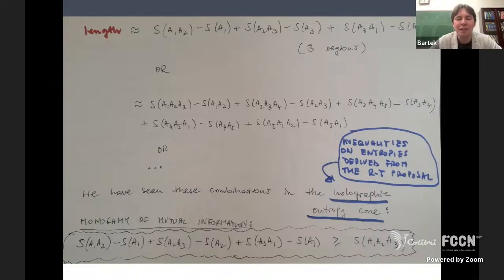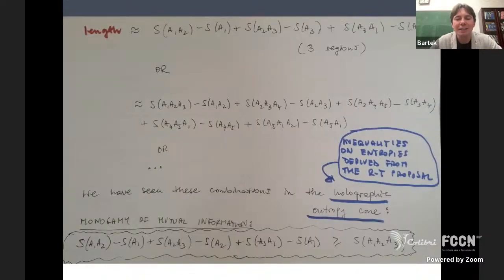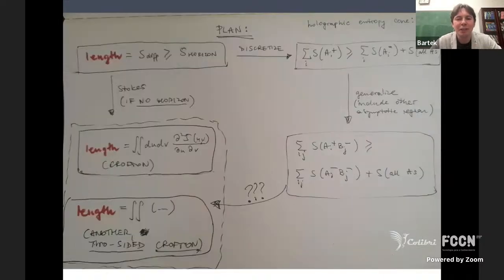Now, what I'm going to tell you about today is the plan for answering the question that I posed before. The question is, can we find a version of the Crofton formula that works even if I have a horizon in the bulk?